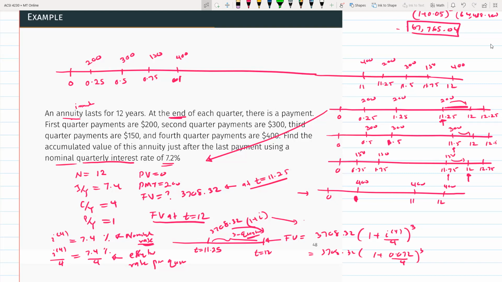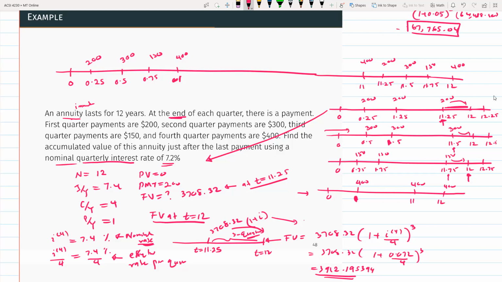And let's see what we get. Okay. So this is only for $200. Okay, so this is a future value at time t equal to 12 for 200 cash flow sequence.